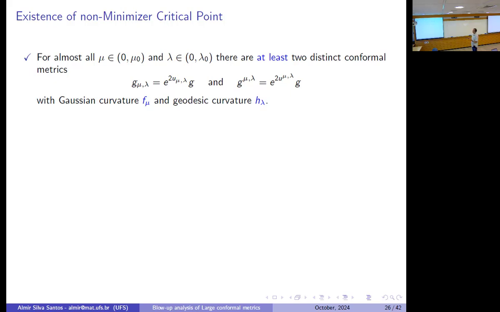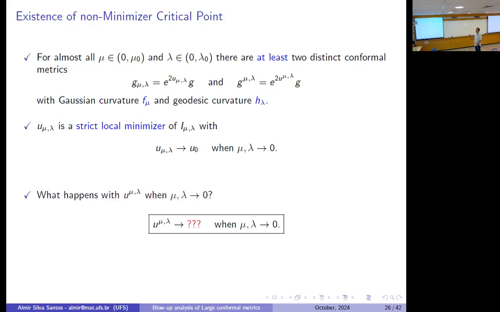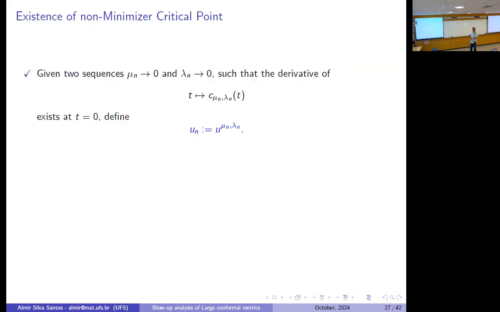This one converges to the initial metric, but what is happening with this one? Both of these metrics have f lambda as the Gaussian curvature and f mi as Gaussian curvature and h lambda as the geodesic curvature. U mi lambda is a strict local minimizer, so again you have this convergence. And what is happening with this function when the parameter goes to 0? It is this that we want to analyze.